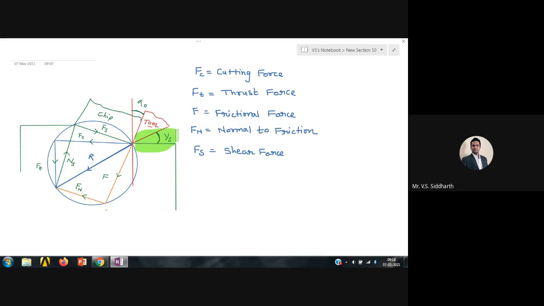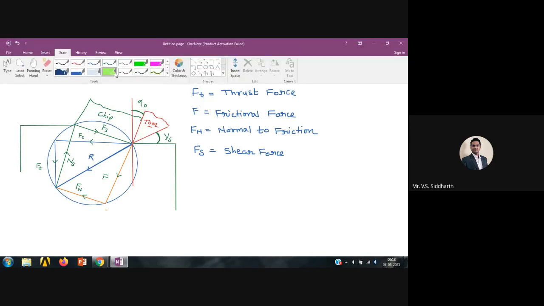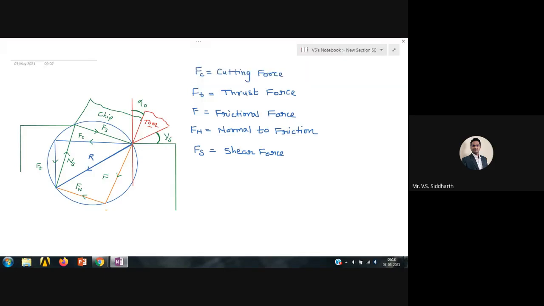What is phi? Phi is the shear angle, na? Check the diagram once again. See properly. Okay. Ns is normal to shear.